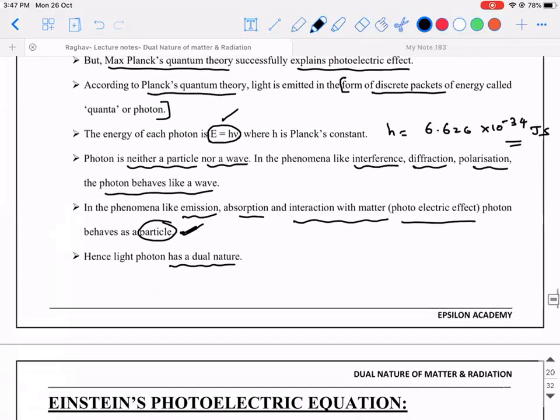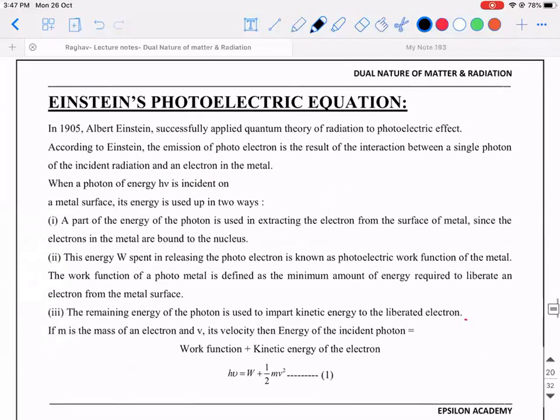So let's go to the next concept. Einstein was the person to come up with the mathematical equations for this photoelectric effect, so it's called Einstein's photoelectric equation. He applied the quantum theory of radiation to photoelectric effect.